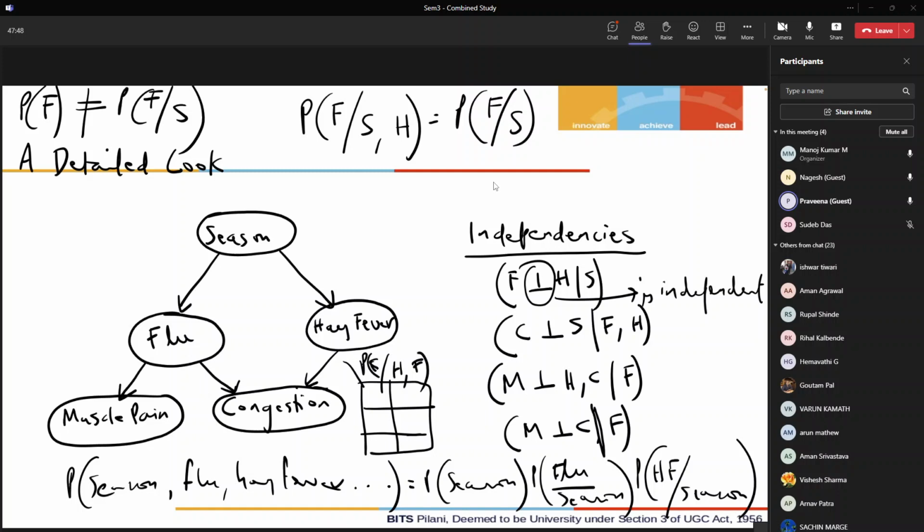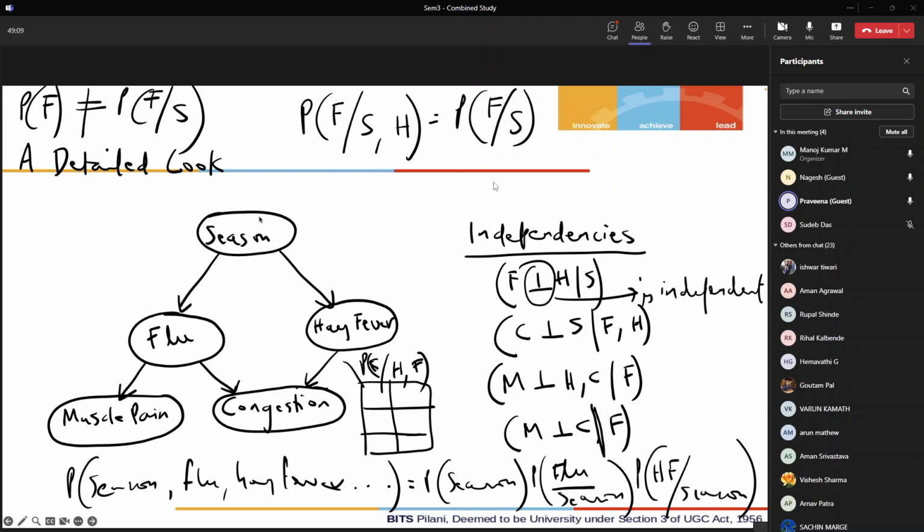So for me to be able to find the chances of flu given a season, I would have only this much data. If I wanted to find the chances of hay fever given the season, I would have only this set of data, because this does not have an influence on that. Similarly, if I want to find the conjunction, I only need to know the probability of hay fever and flu.